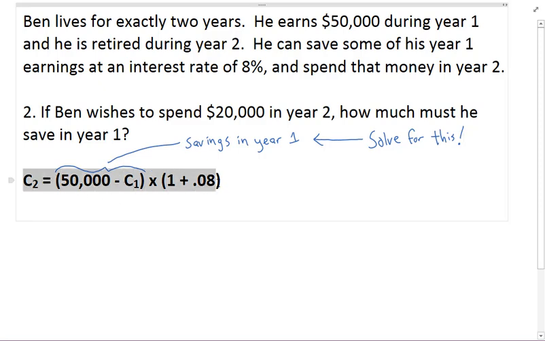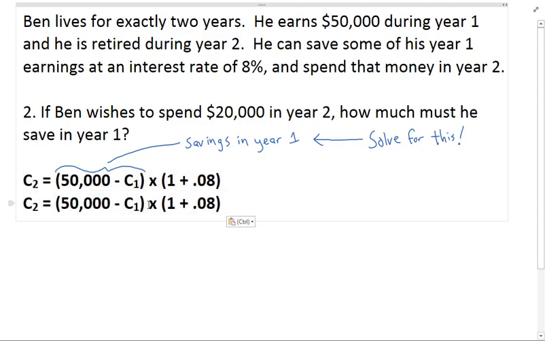Here, let's take it and copy it, and I'm going to paste it down here. See, you could replace the whole thing in parentheses with savings in year 1. That's what we're trying to solve for. So now, this should be a little easier.